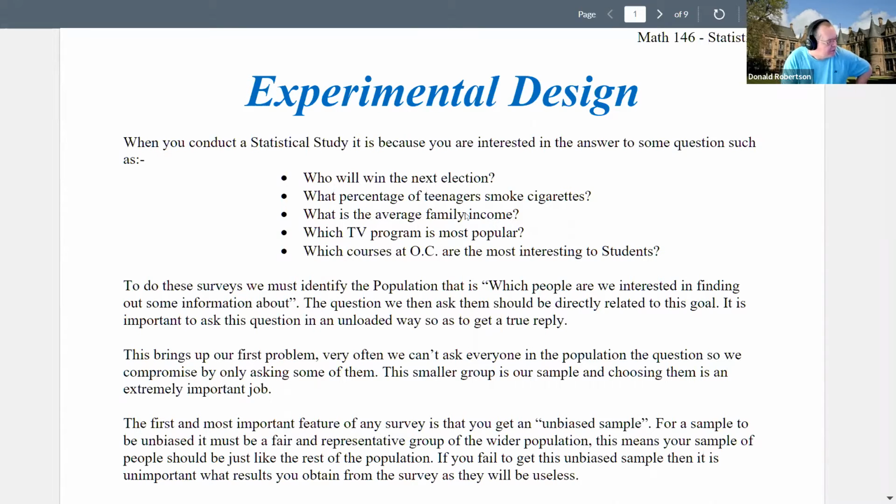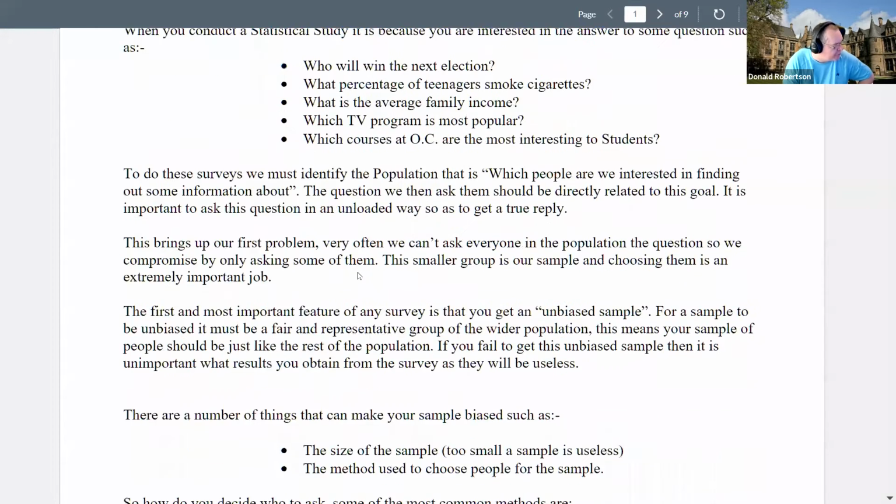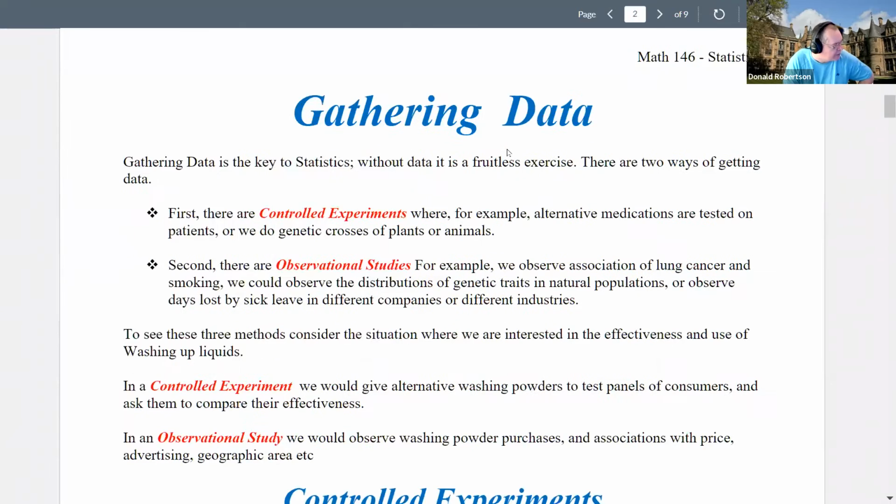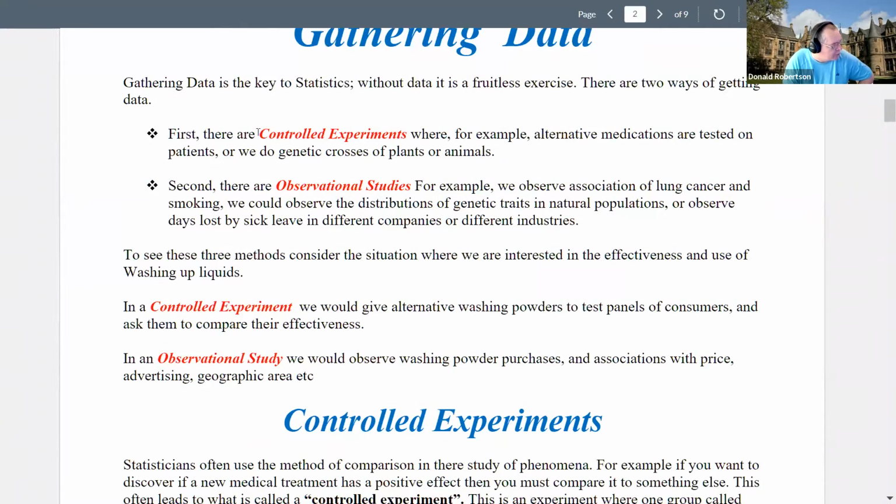When you conduct a statistical study, here are the kinds of questions that you might be interested in, and you can read through that in your own time. We are going to look at the two major ones, a controlled experiment and an observational study.